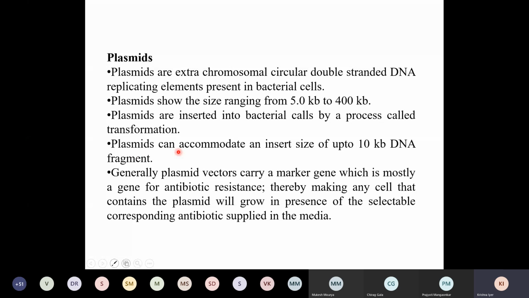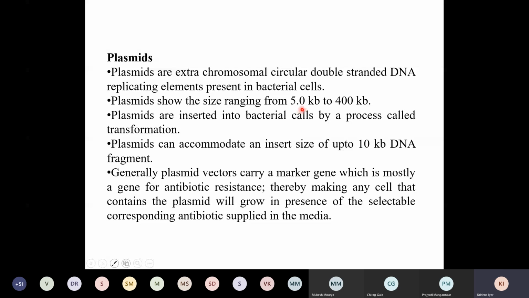Plasmids, when they are used as vectors, can be used to put pieces of DNA which are up to what is called 10 kilo base pairs. When I mean up to 10 kilo base pairs, what I mean is at the most I can put 10 kilobases. But you have to remember that how much you can put depends on the original size.